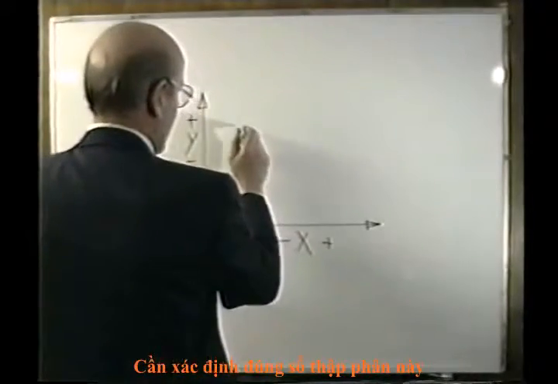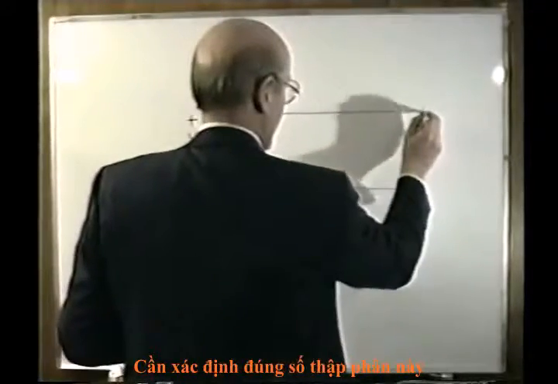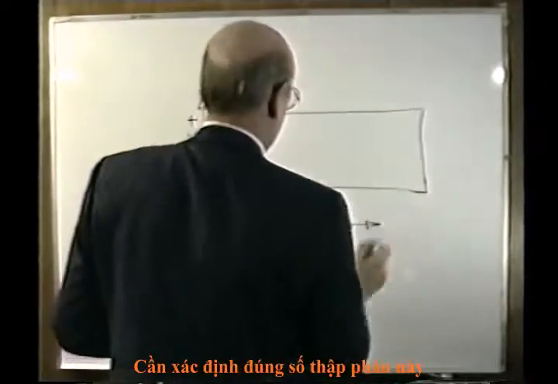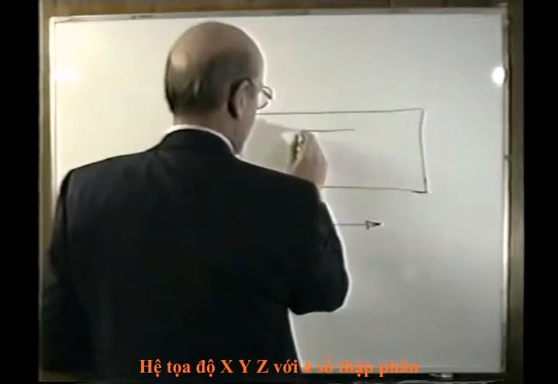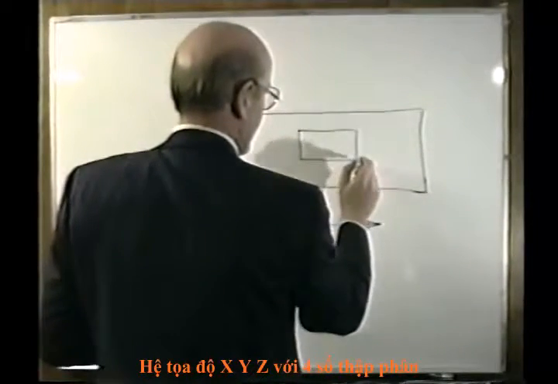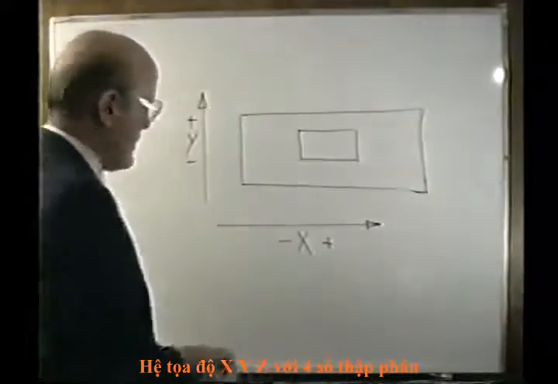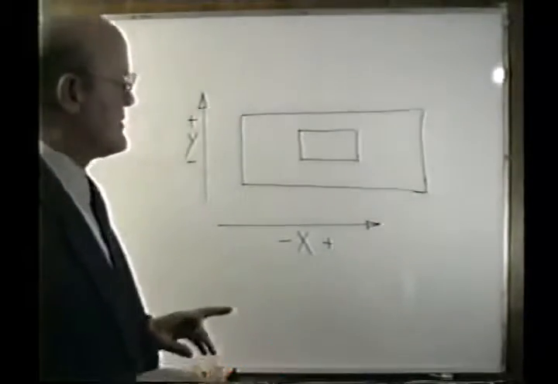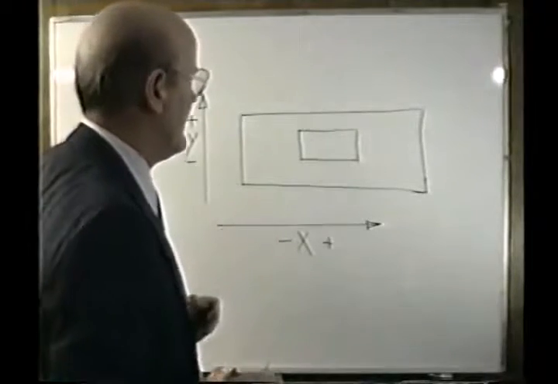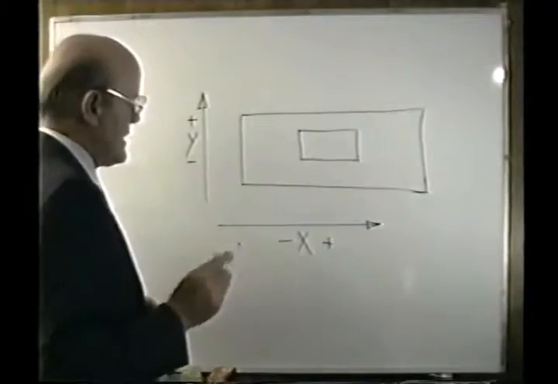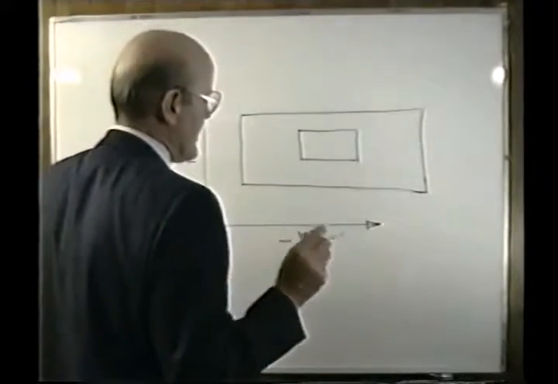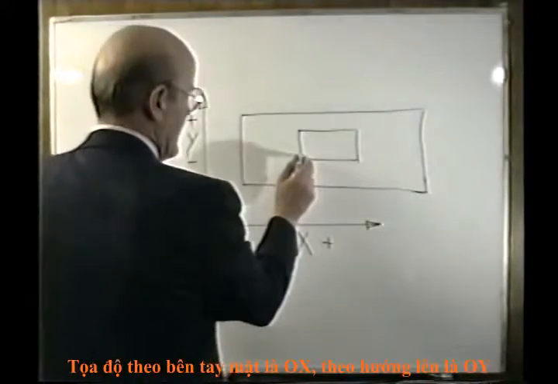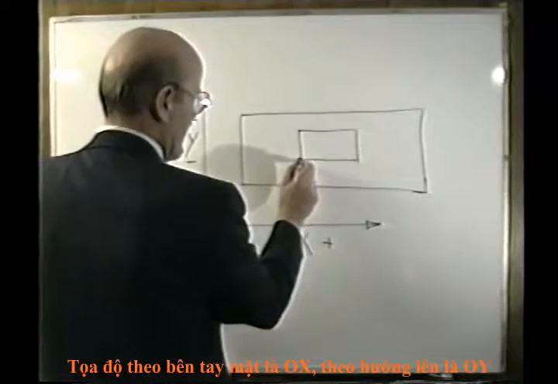Now, let's put a part into this coordinate system. Let's imagine we have a table of a machine. Here's the machine itself. Here's the table. We have a piece sitting here somewhere. What we try to do is pick the most logical spot on this part to call part 0. Somewhere on this part we would have the ability to say we want to start counting from this point, and it's usually this lower left hand corner.